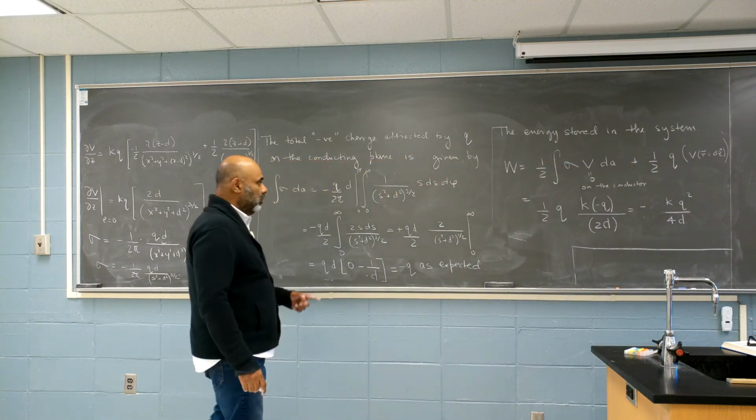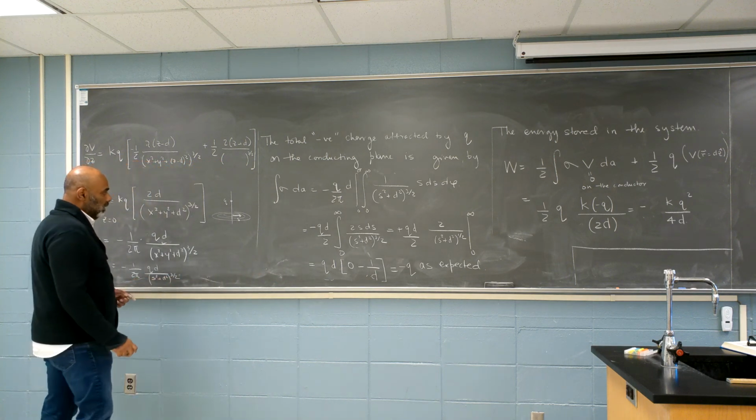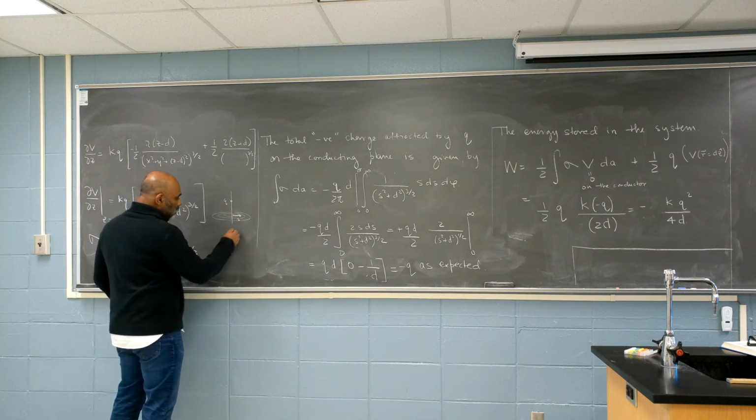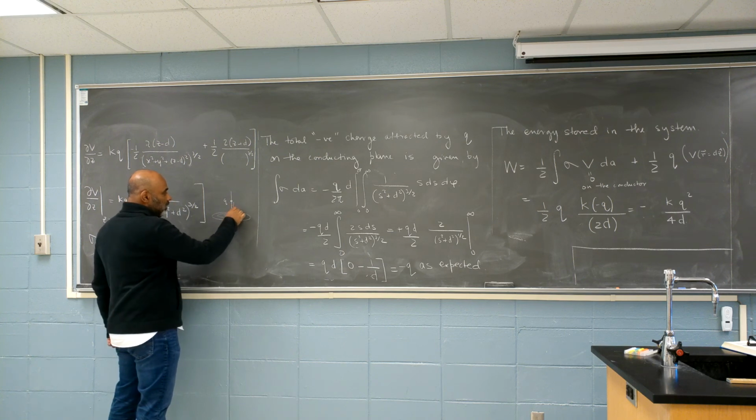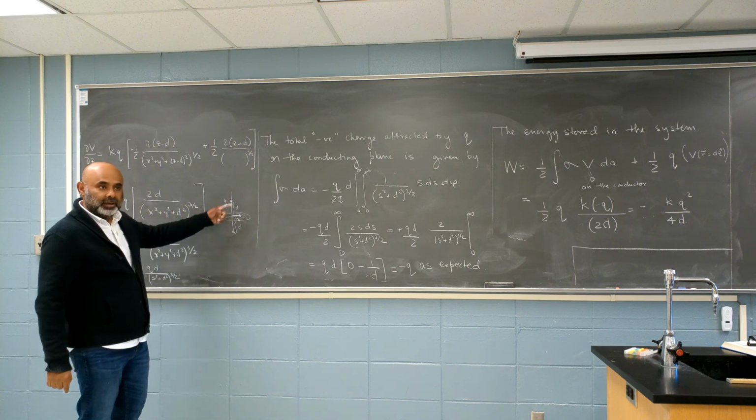Where did I get 2D from? Well, it's the potential this guy sees, only due to this charge in the image region. But if this is D, and this is D, it is 2D.